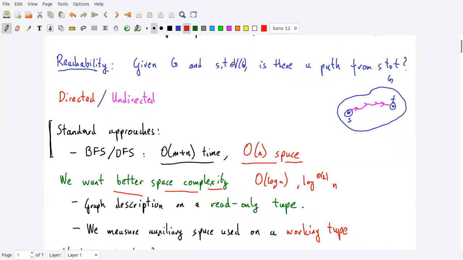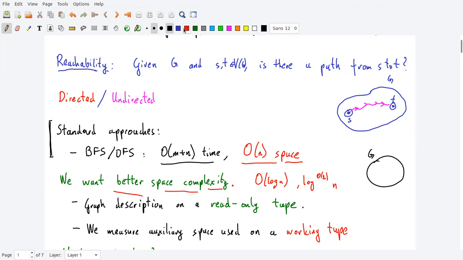But as usual in complexity theory, we will be talking about sublinear space complexity in the following model: we are given a graph, and the graph is there on a read-only tape of a Turing machine solving the problem, and we can essentially read this graph from read-only memory.